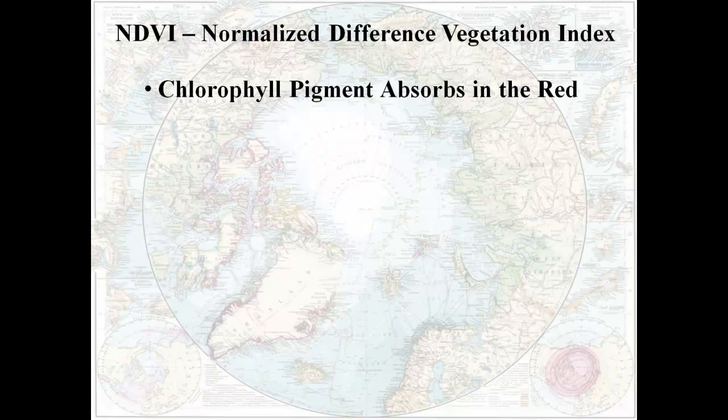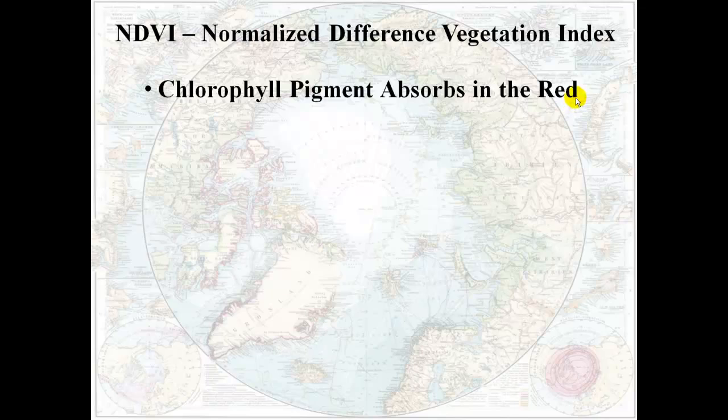One of the most popular things to use the remote sensing information for is to look for vegetation. And the most commonly used index or measure of vegetation is called Normalized Difference Vegetation Index. And that's based upon the fact that chlorophyll in actively growing vegetation absorbs energy in the red visible portion of the spectrum.